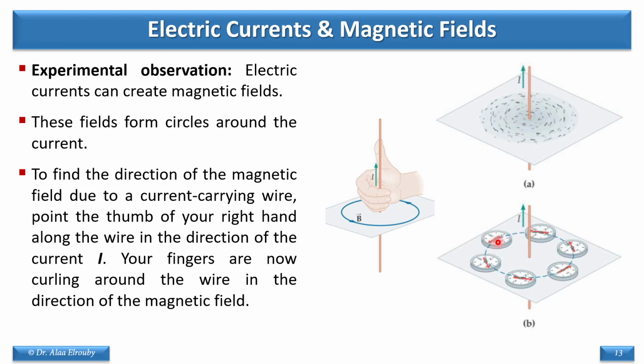We can also find the direction of the magnetic field using the needle of compass. So the needle will be oriented along the direction of the magnetic field. So if we have this wire carrying current and we have a number of compasses, the compasses will point in the directions as shown here in this sketch.